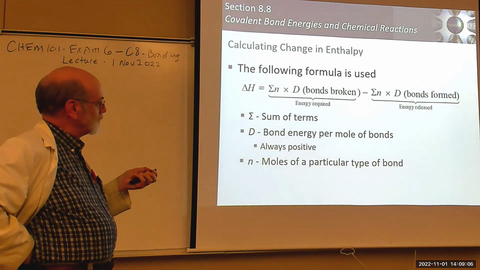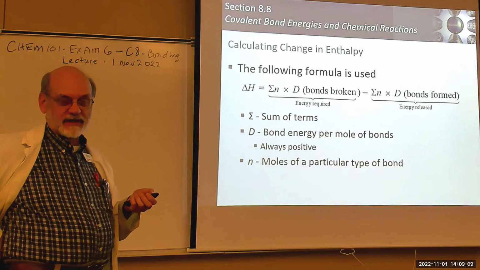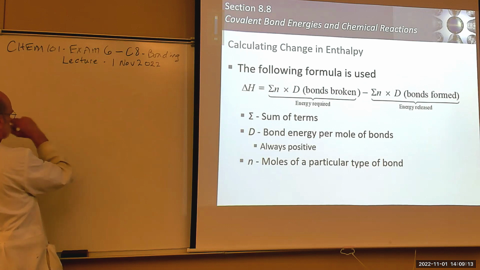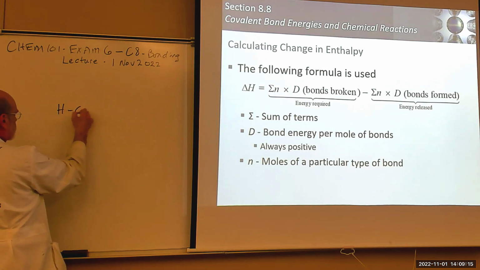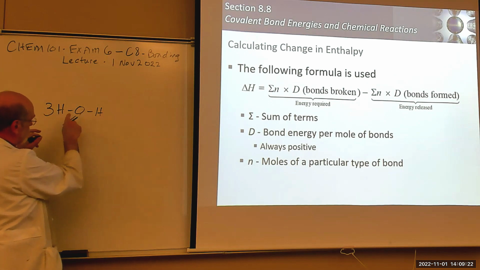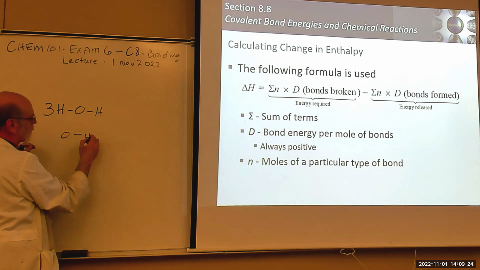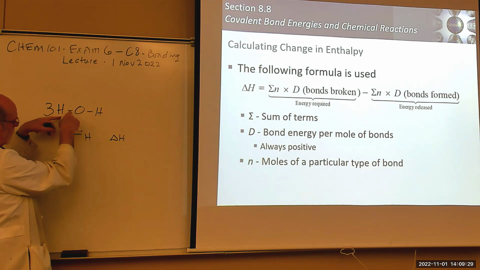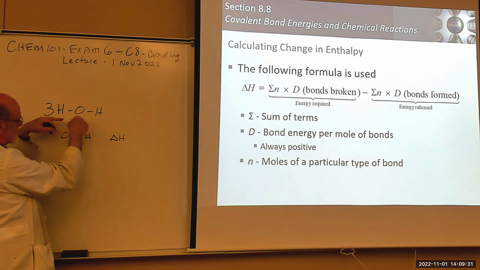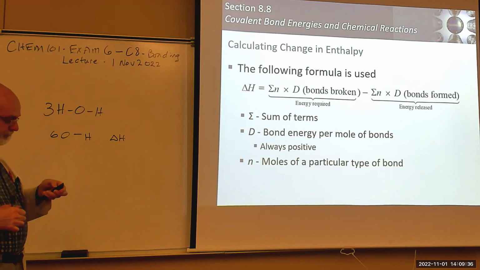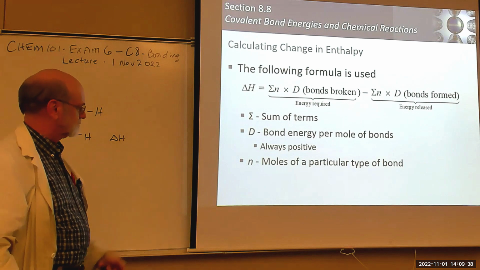That tells you how many of those bonds were broken. So say you have H2O, but you have three of them in this balanced equation. Then if you have the OH bond energy, you know you're going to need 3 of these and 3 of these. That means you need 6 of those. That's what the N means.